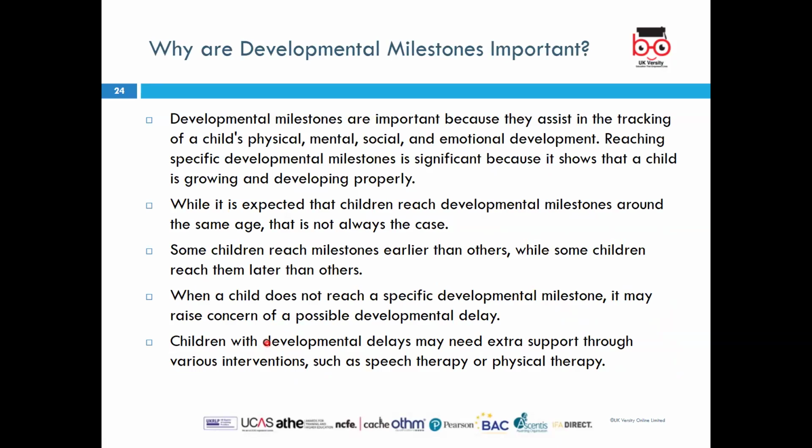As I said earlier, it's to keep track of time. It's to see, if there's an intervention, how that has supported the child, for instance speech therapy or physical therapy. If some children reach certain milestones earlier than others, while some reach them later, that's normal. While saying that, it is still expected that children reach their developmental milestones around the same age. That is not always the case.